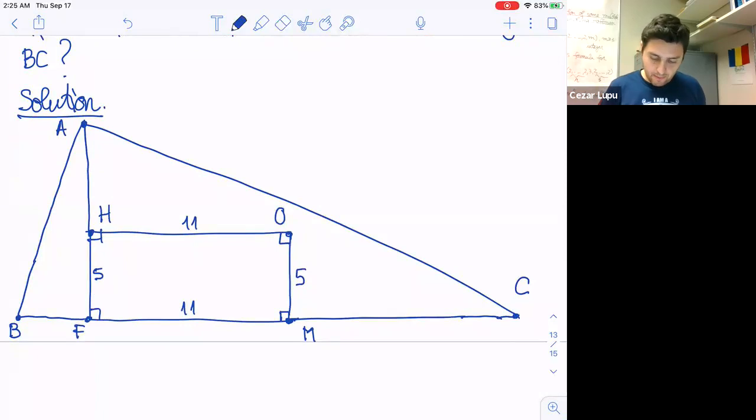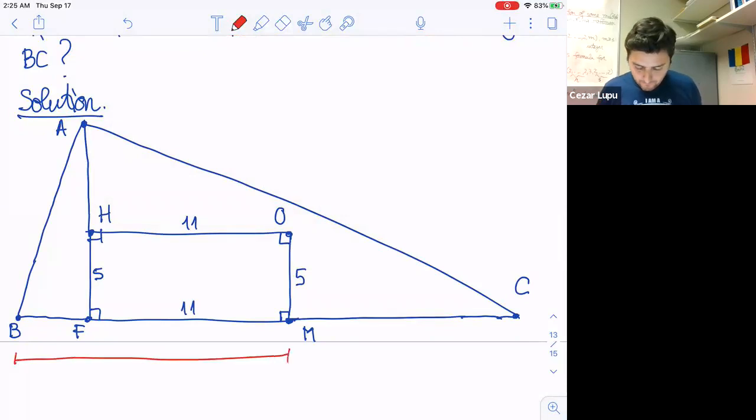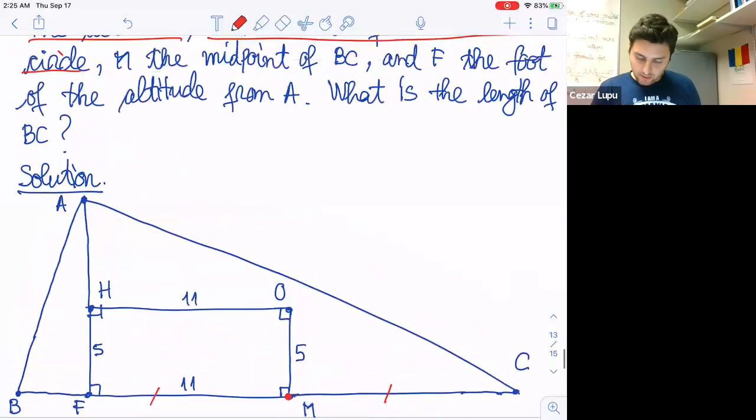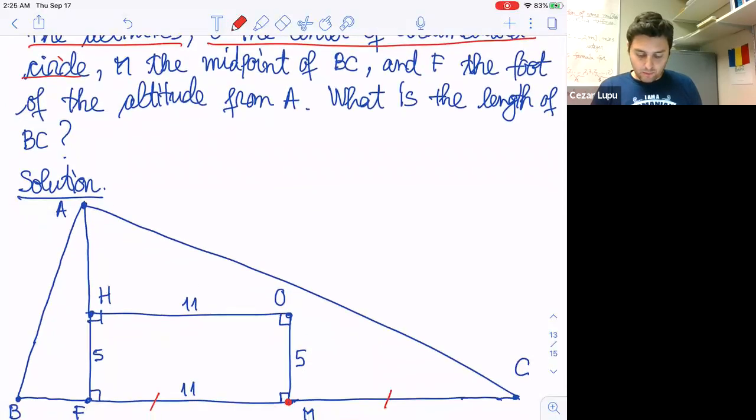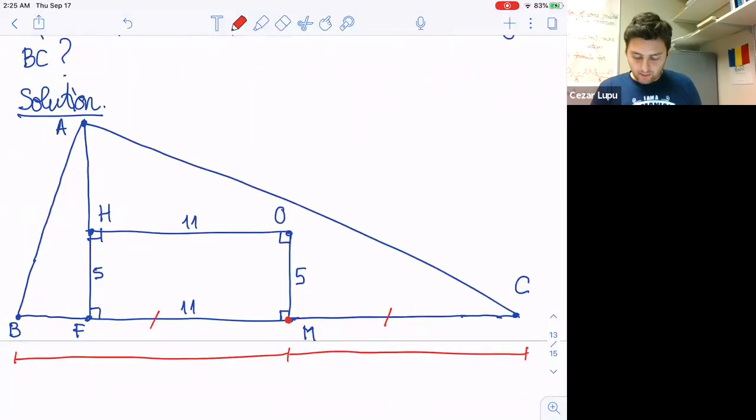So BM, this segment here, is the same as this segment here. So let's keep that in mind. And let's see, what other information do we have? What is the length of BC? So we need to find BC. That is the question. So we need to find this entire thing.